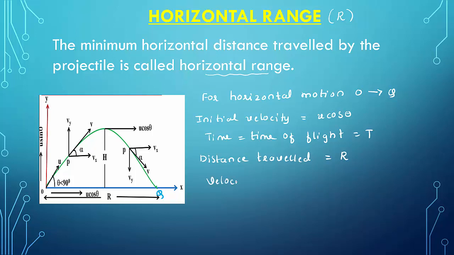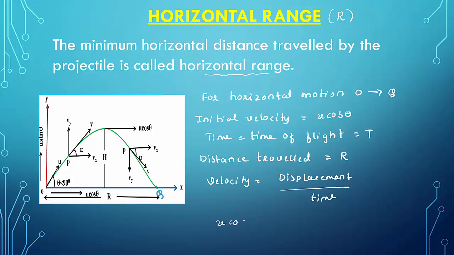Then velocity. What is velocity? Rate of change of displacement. We can write displacement divided by time taken. So this equation we can use to find the horizontal range. Here I am going to substitute the values.